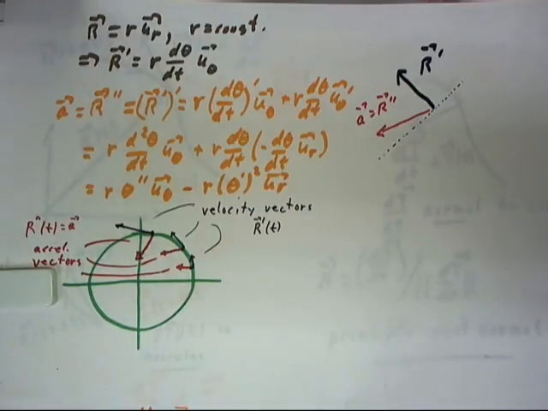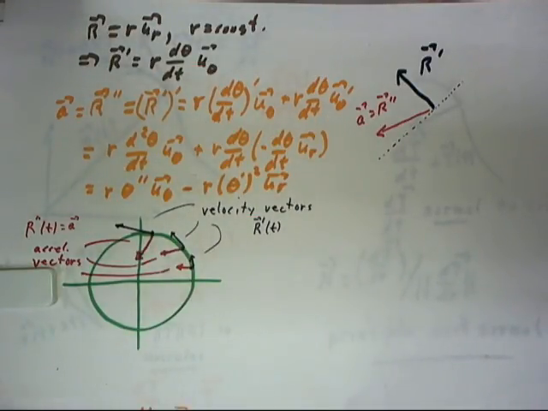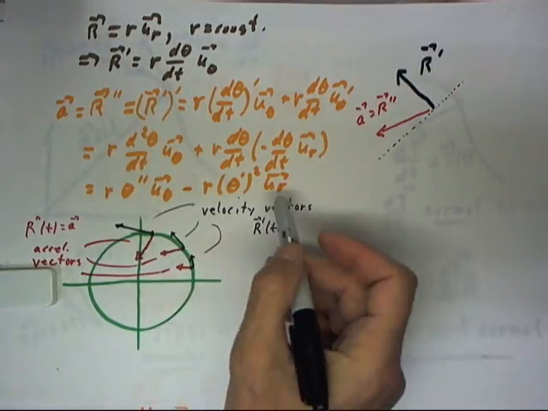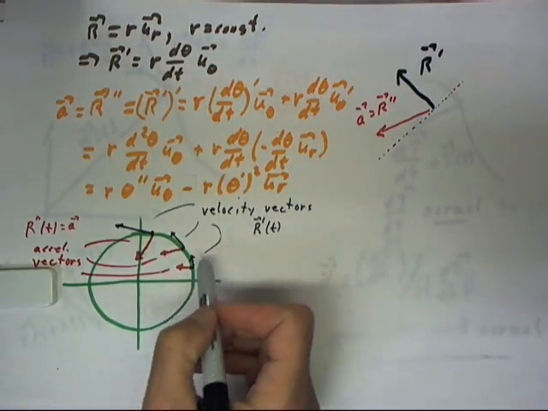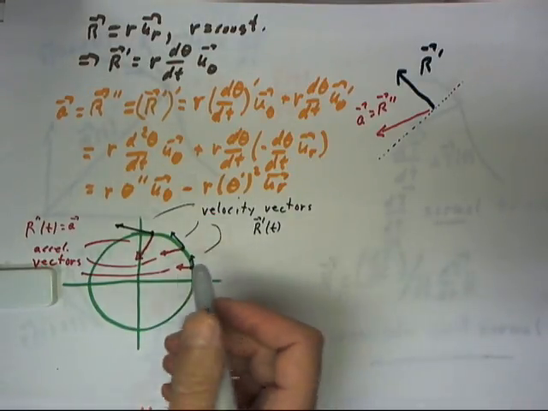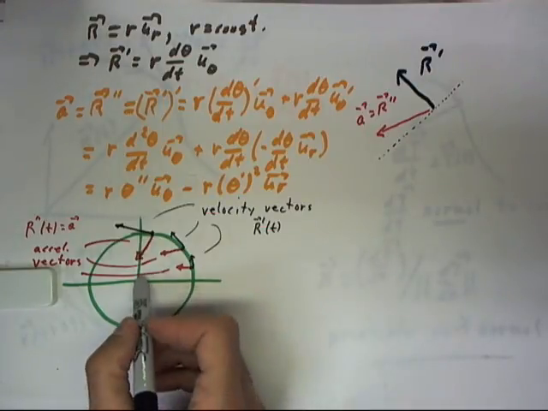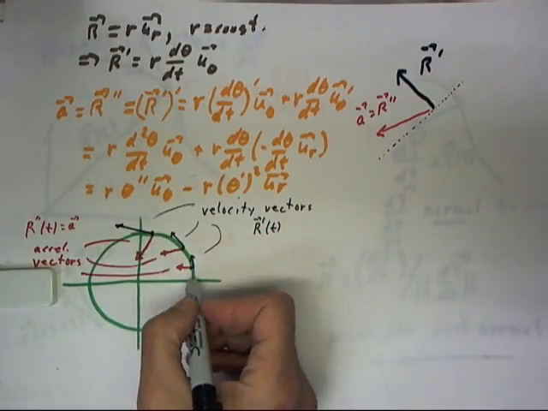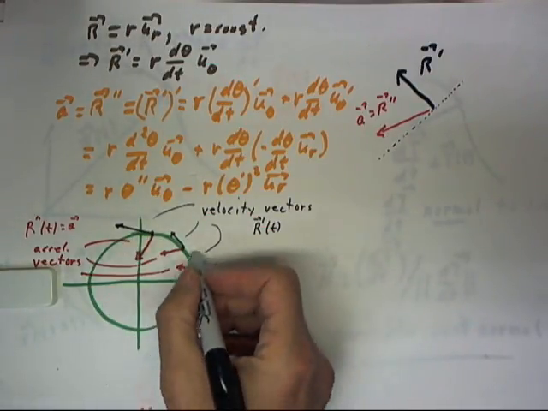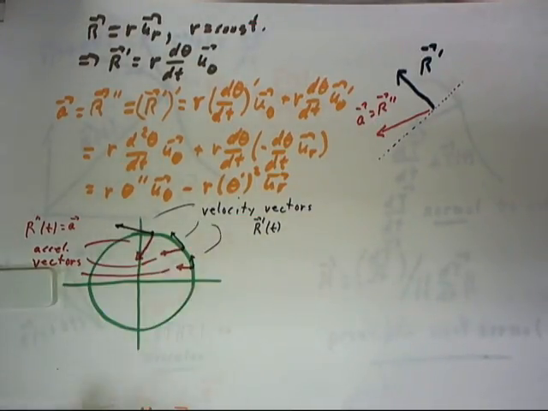Now, if r is constant, we're modeling motion around a circle, at least if we consider t to represent time. Then our velocity vectors, well, we don't know what our function r is, we just know it has constant magnitude. It's possible that all the r prime vectors have the same magnitude, but it's also possible that they're changing in magnitude.